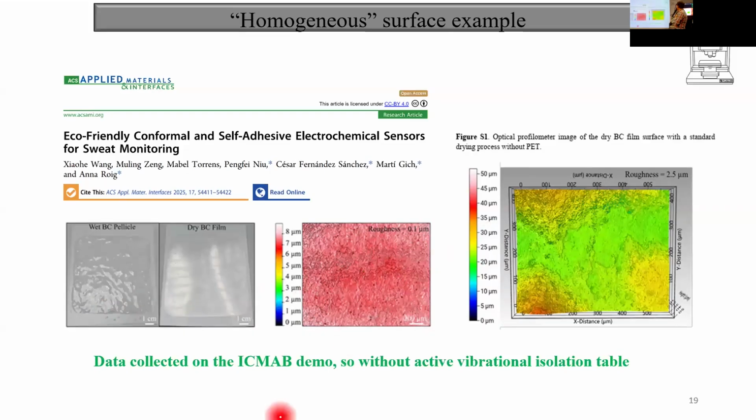And this is an example of measurements done at ICMAB without the active vibration isolation table. Okay, so I am very happy to see that data from the lab could already be published.